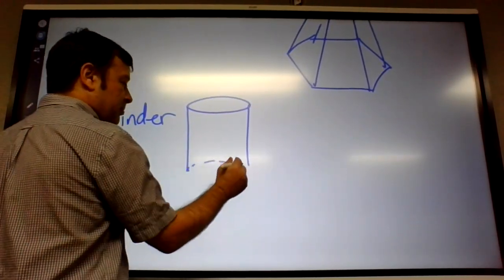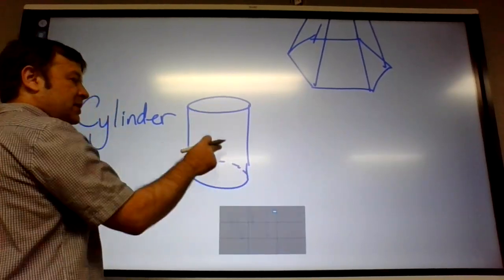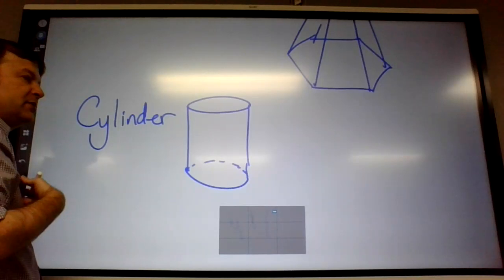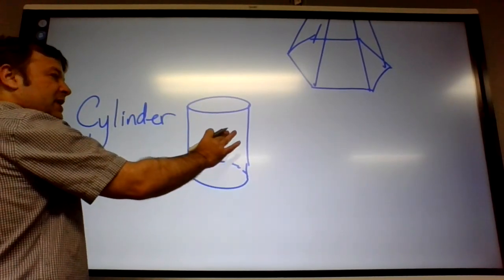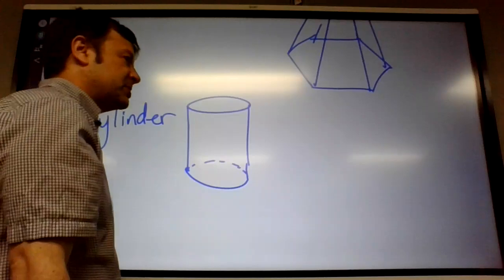Okay. By the book's definition, the bases do not have to be circles, but usually when we say cylinders, they are. The book would call this a circular cylinder, so they would be a little more specific.